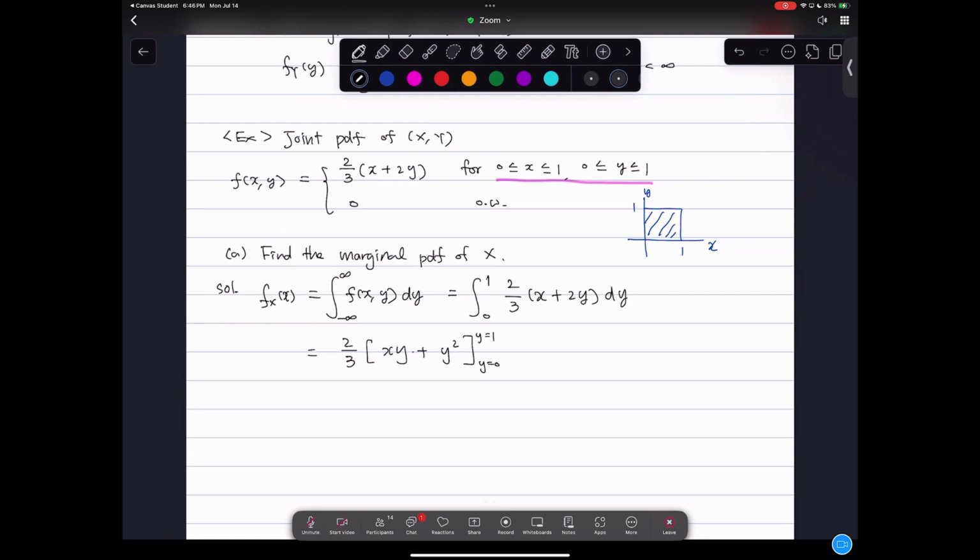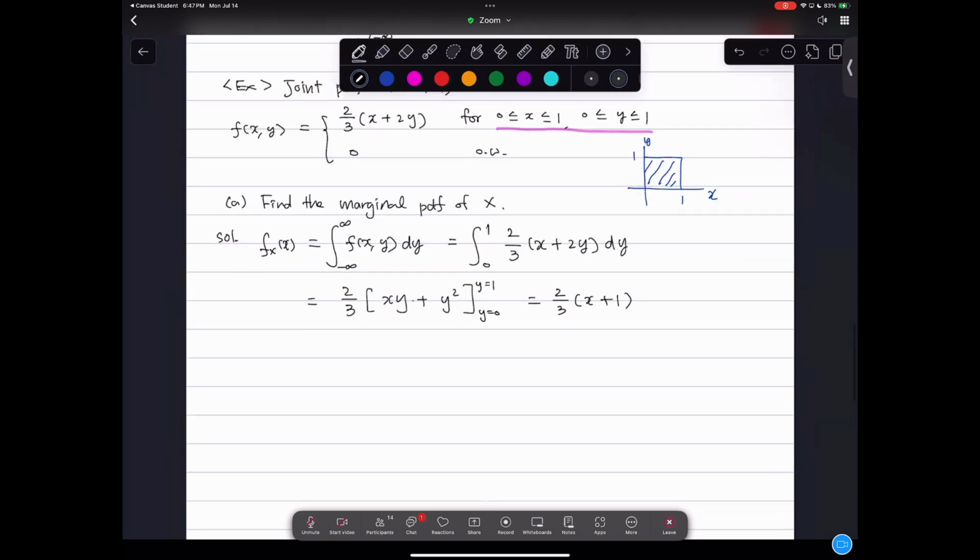Plugging in the values, I get 2/3 times x plus 1. So properly, my marginal PDF of x equals 2/3 times x plus 1 for x values only from 0 to 1, otherwise 0.